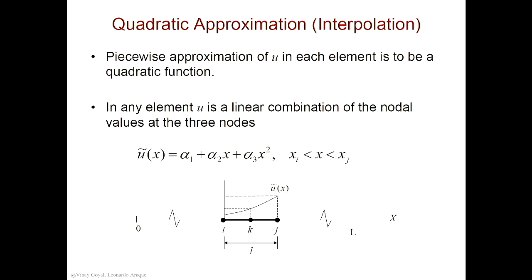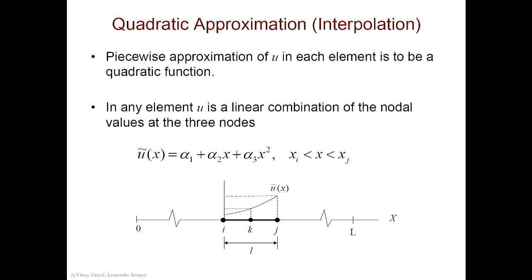If I were to do that, I can start with my approximation function. The approximation function is u tilde equals alpha 1 plus alpha 2 x plus alpha 3 x squared, just like you did in weak form Galerkin, strong form Galerkin, and Rayleigh-Ritz. Just like before, we need to satisfy the continuity requirements. In the bar element problem, we determined that the displacement must be continuous across element boundaries, and we found that by looking at the essential boundary conditions of the problem.